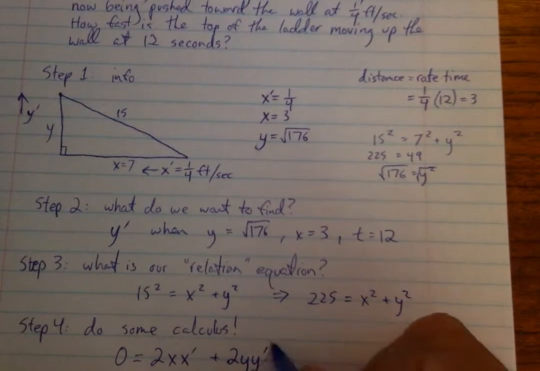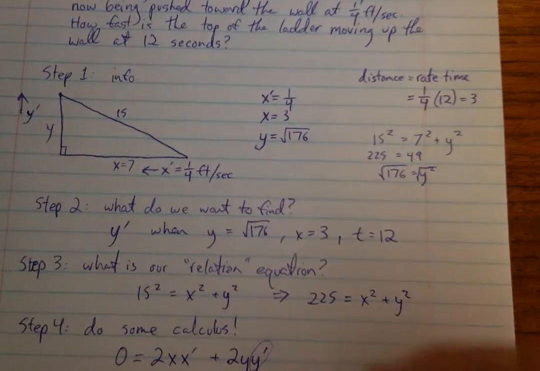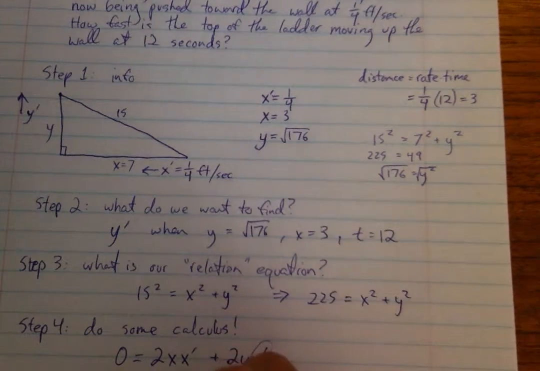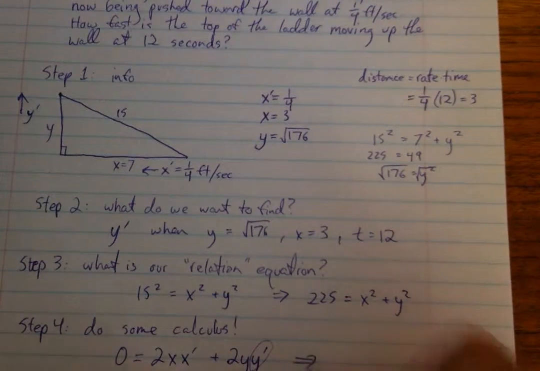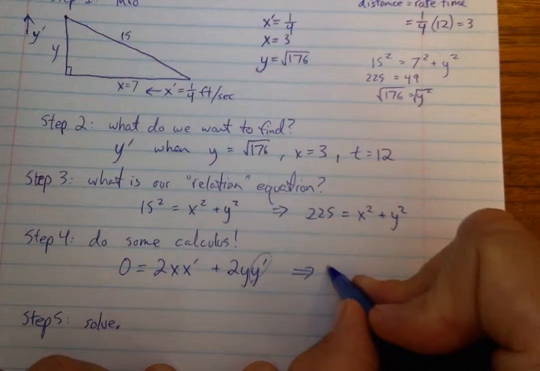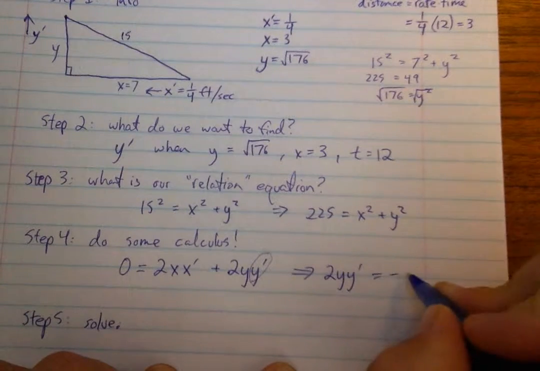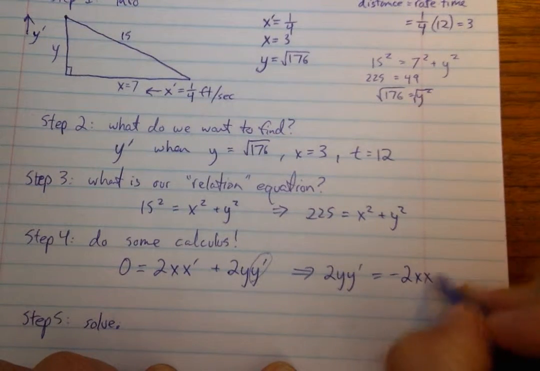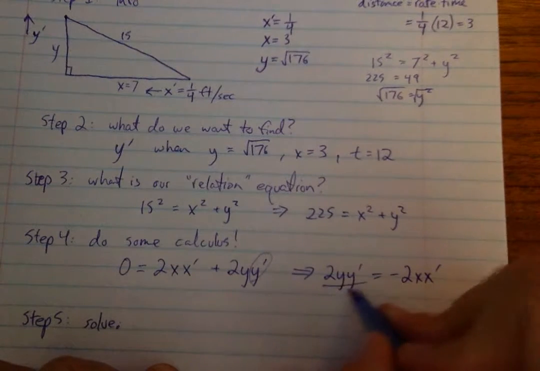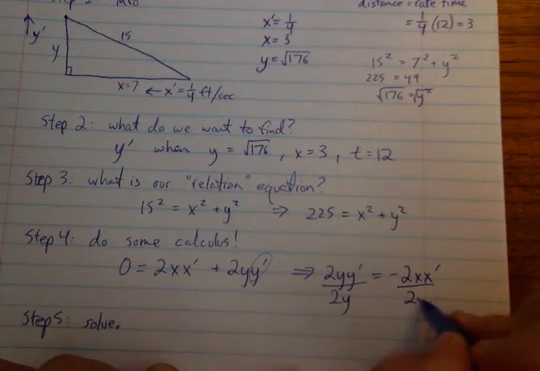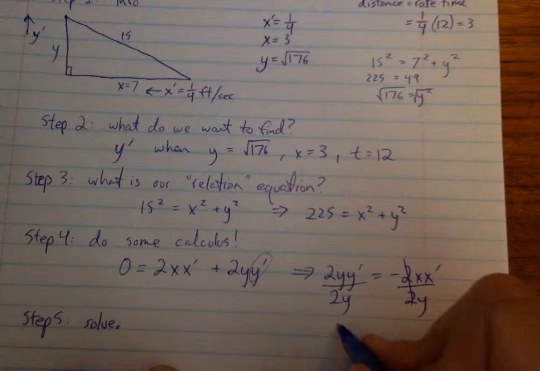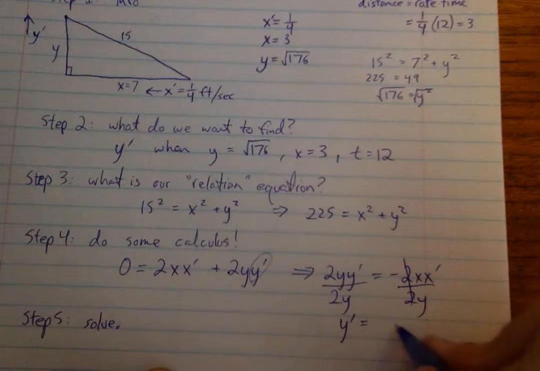You're looking for y prime. So let's go ahead and solve for that before we do anything else. Let's bring this to the other side. So now we have 2y y prime equals negative 2x x prime. All right, we're going to divide by 2y, divide by 2y. The 2's cancel out, and you get y prime equals negative x x prime over y.